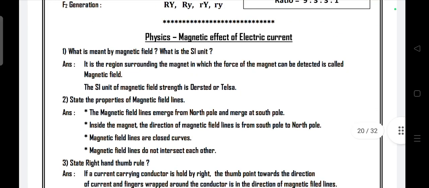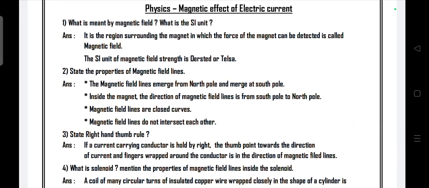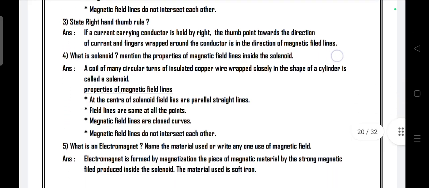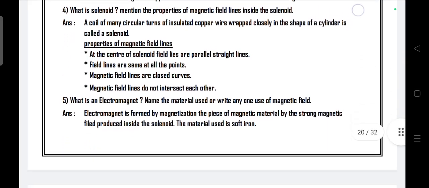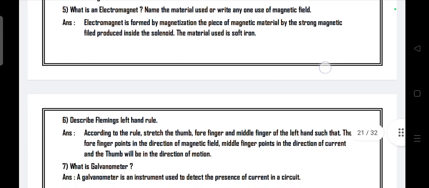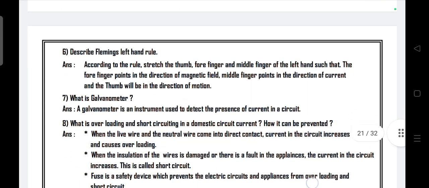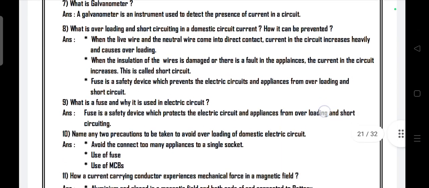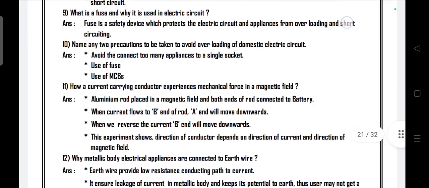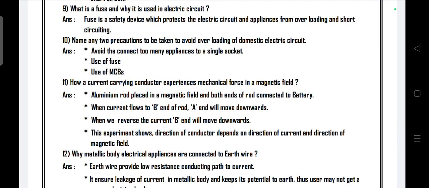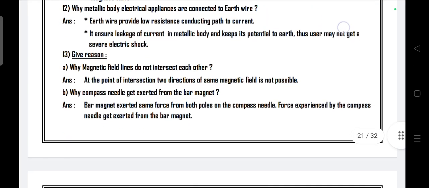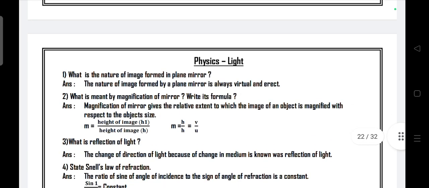Then come to physics, magnetic effect of electric current, important questions from this chapter. Then the chapter light.